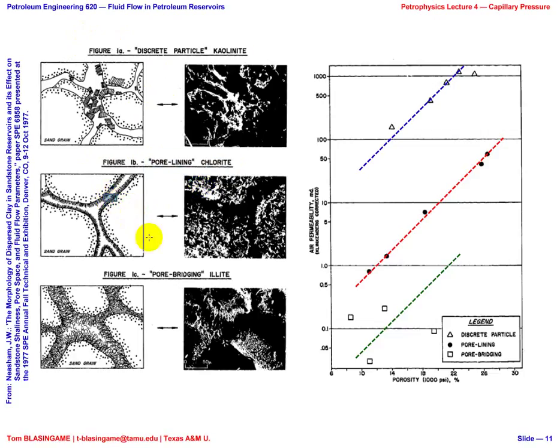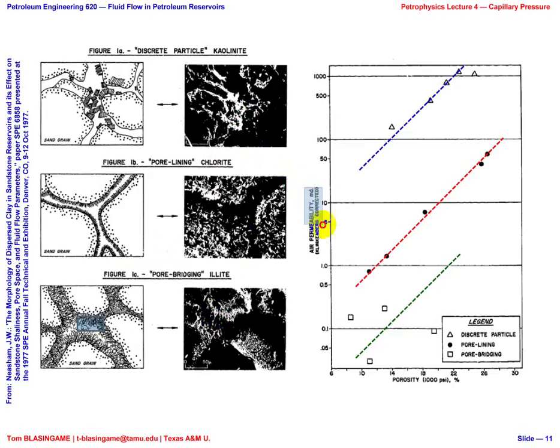It's like little hairs, and then you can have pore bridging illite, which is like really long hairs, and you can see that it completely corrupts the pore path. And these are photomicrographs at the time. I know it's really hard to see, but you can see the fibers coming out here, and you can see the particles sort of here.